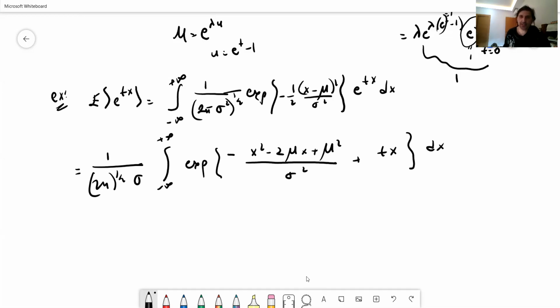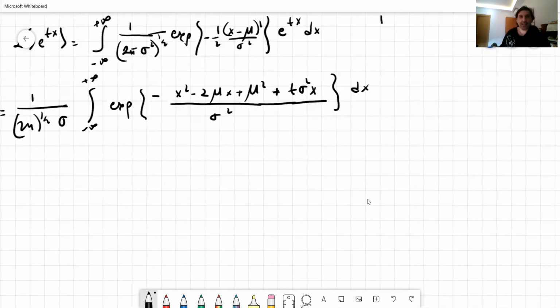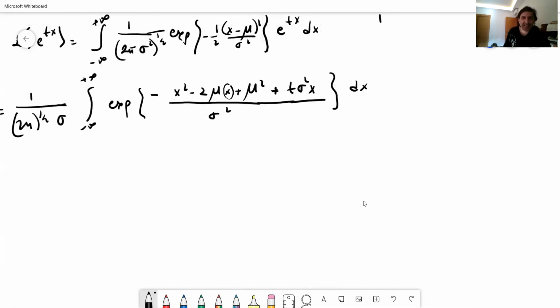Let me actually multiply both sides by sigma squared to make it look nicer. Now there is, as you can see, an x term here and an x term here. We can do something called completing the square, which is basically what I'm going to do: I'm going to determine here a squared expression, a sum of two terms squared, and I'm going to subtract the additional term.